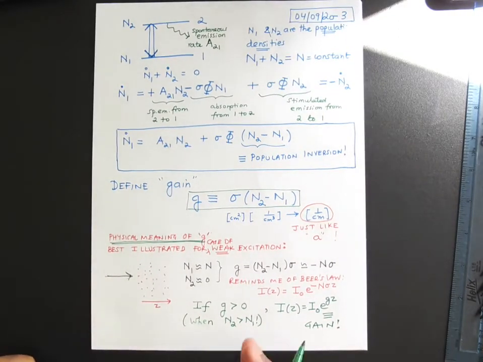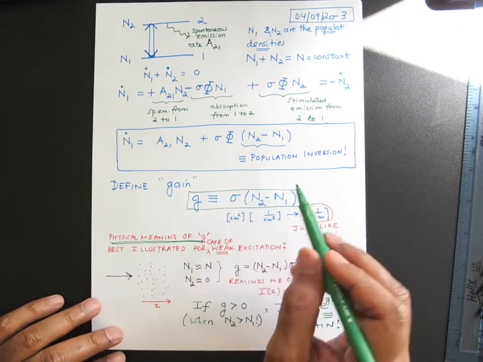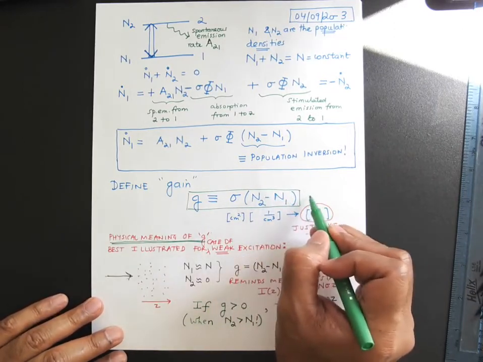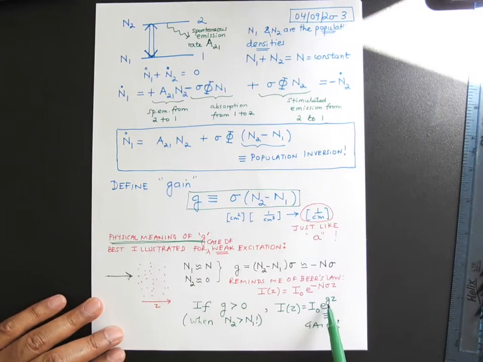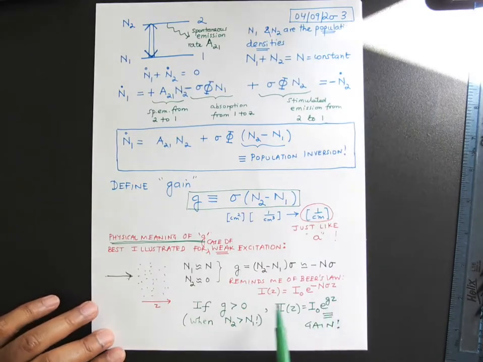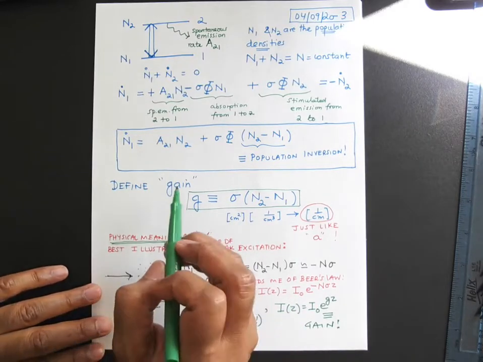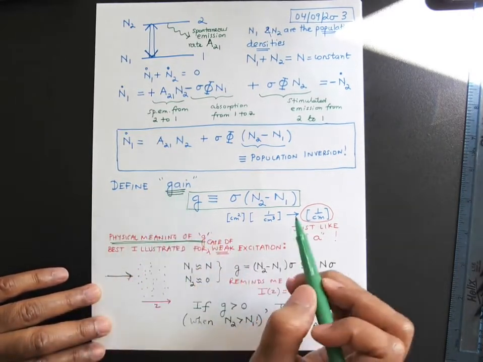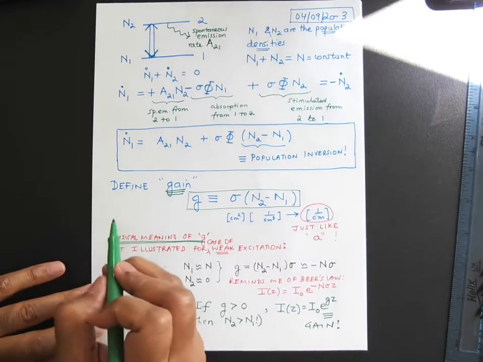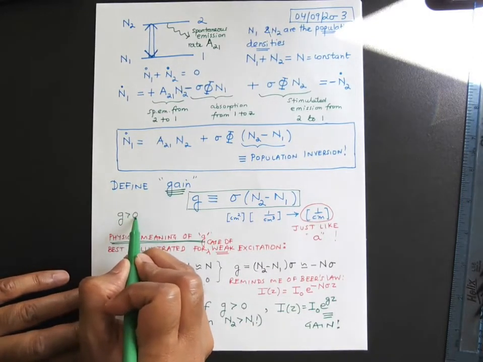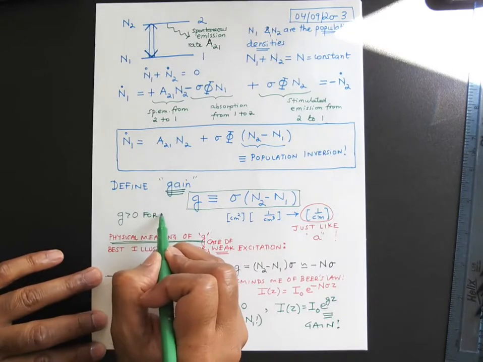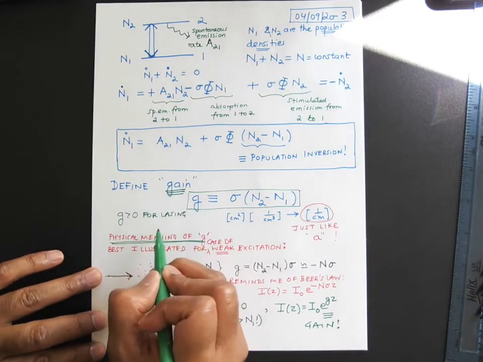Okay, so that's the physical meaning of this. That if you can arrange this to be greater than 0, then that's the quantity right there that is giving you exponential gain. Okay, so does this connection make clear why we call this gain and why it's so important to have gain greater than 0 for lasing?